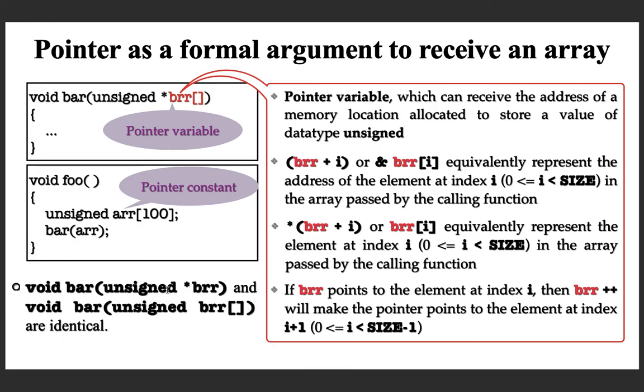Here I have got it correct, the star is not there. So these two are equivalent. I can either have this pointer representation for the formal argument, or I can have this representation.